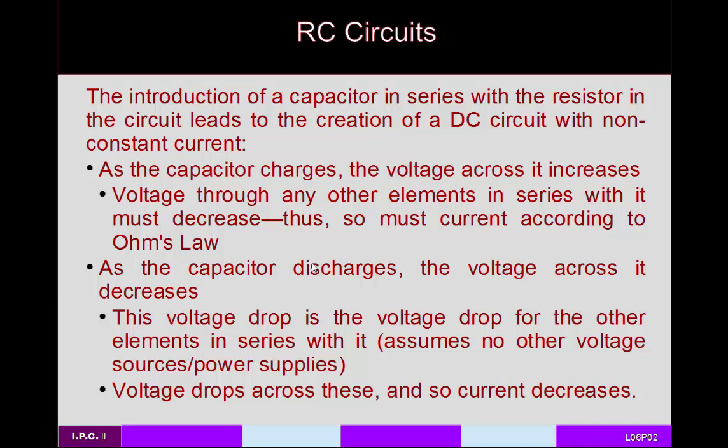On the other hand, as the capacitor is discharging, the voltage across it is decreasing, and that voltage drop ends up being the voltage drop for all the other elements, again in accordance with Kirchhoff's loop rule. So as the voltage drops across the capacitor, the voltage drops across everything else in the circuit, and so the current is decreased. I want to look at all that in a little more detail.